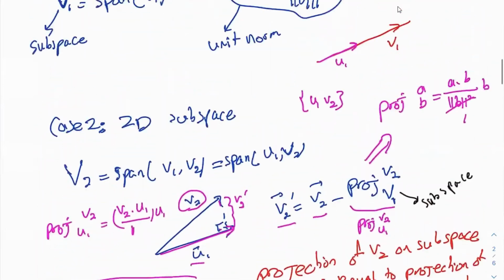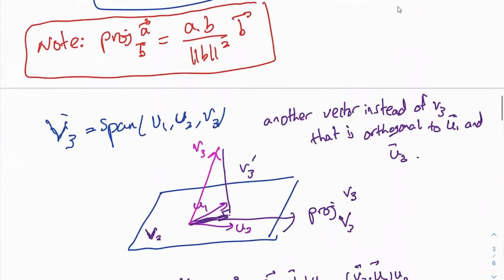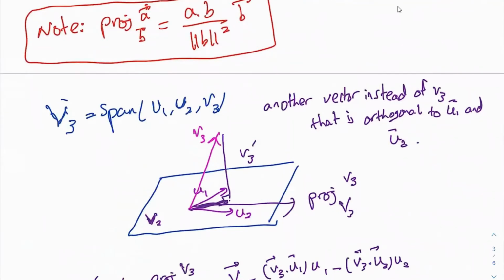Okay, let's take another vector. So let's take V3. Now I have U1, U2, and V3. U1 and U2 are okay, but V3 is a vector that is independent of U1 and U2.